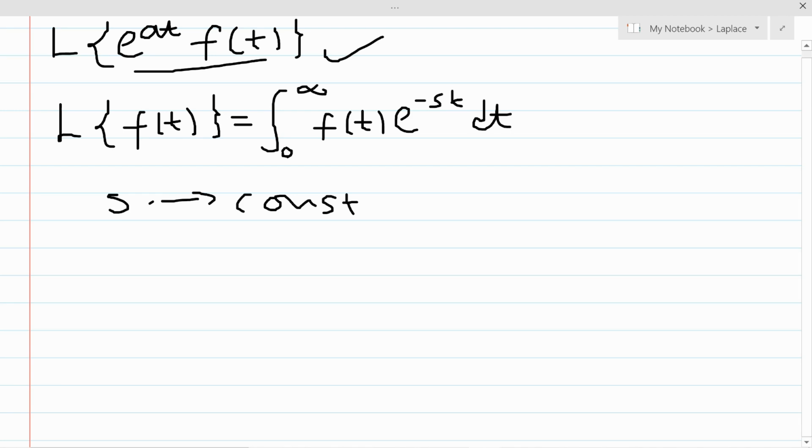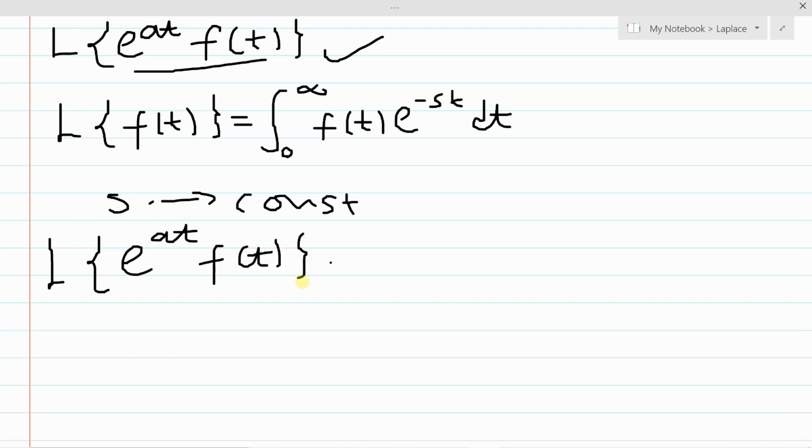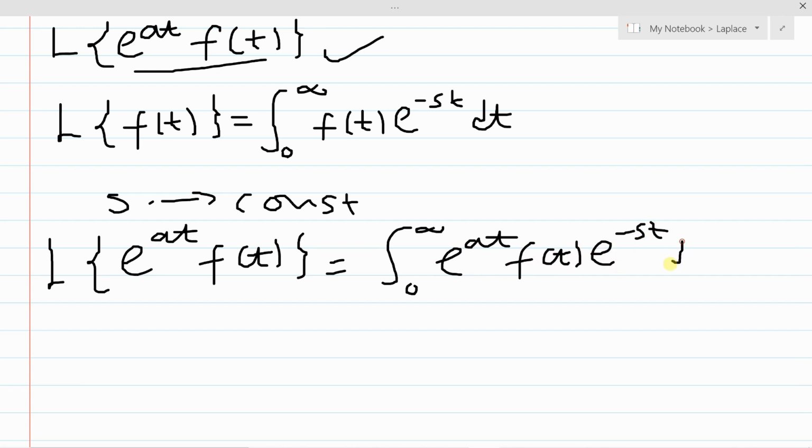So the Laplace of e to the power at times f of t is equal to, using the definition, the integral of e to the power at f of t e to the negative st dt.